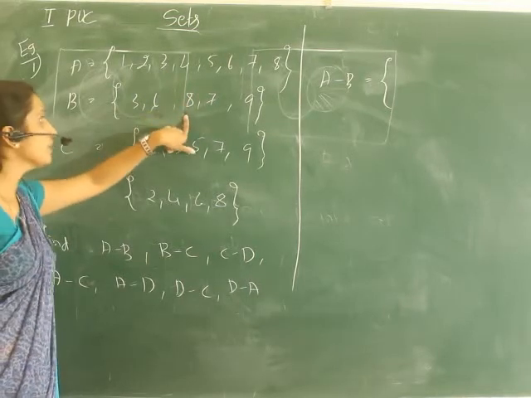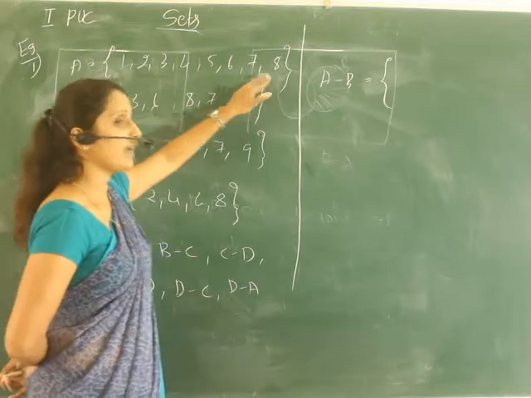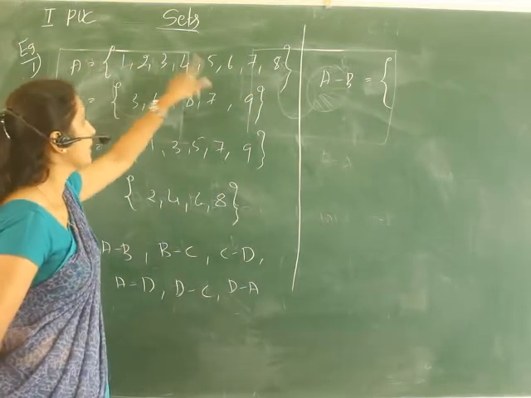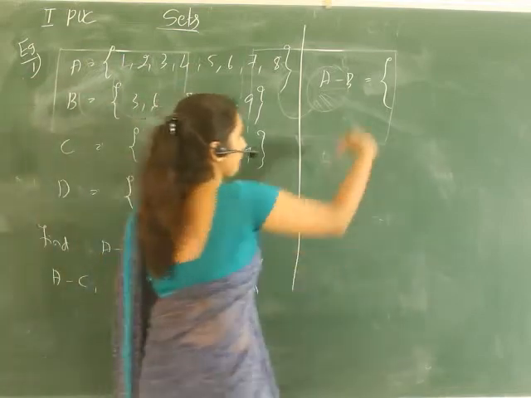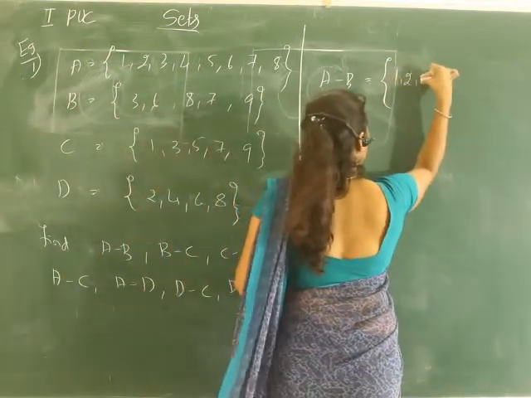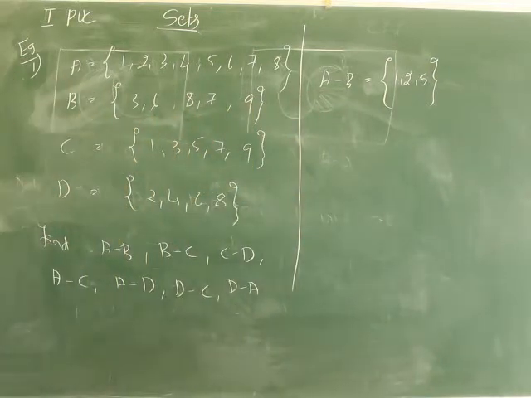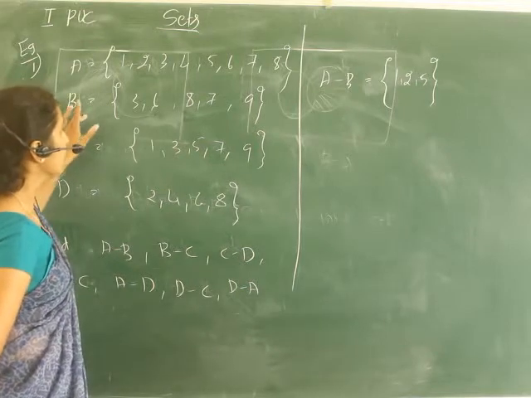So the elements only in A are 1, 2 and 5. Other elements are present in B also.